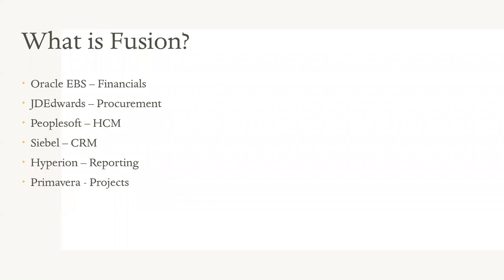Oracle acquired five companies: JD Edwards is good with procurement and other things, PeopleSoft has human capital management, Siebel has CRM, Hyperion is for reporting and the financial part, and Primavera is for projects.